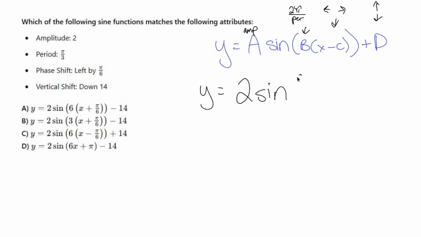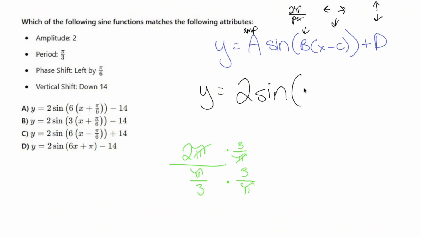Sine is sine. B is going to be, well, it gives me period, but I need to find 2 pi over period. So let's do a little bit of math. 2 pi over the period that we're given, which is pi over 3. Multiply the top and the bottom by 3 over pi because that's fractions. Pi's cancel out.